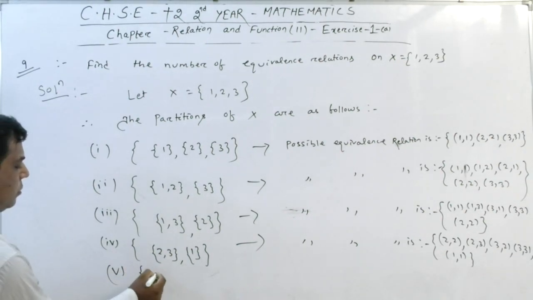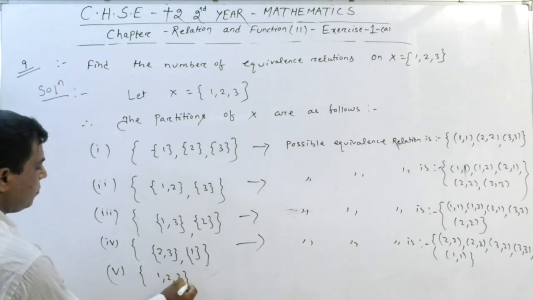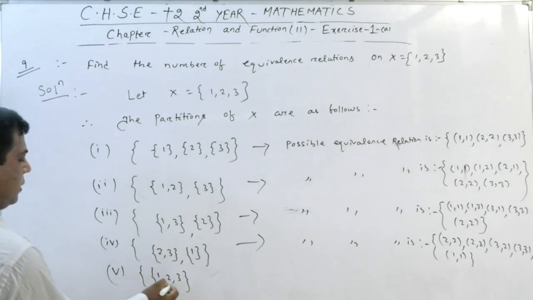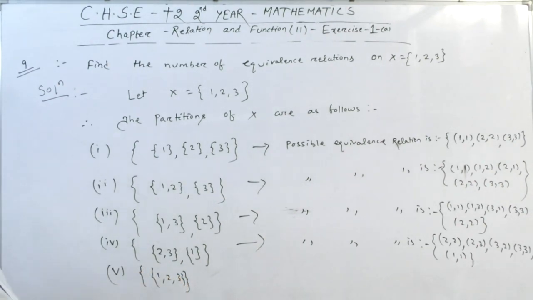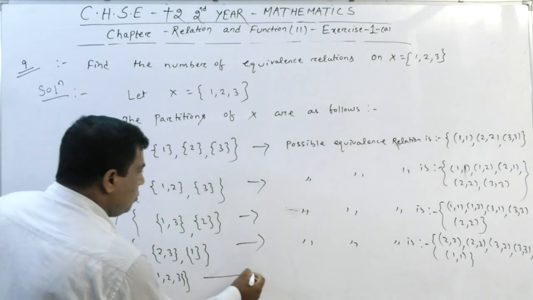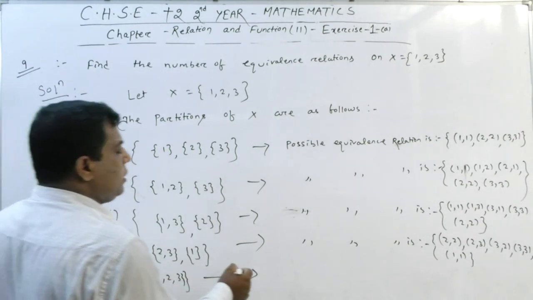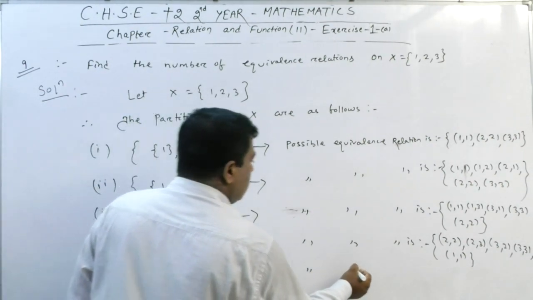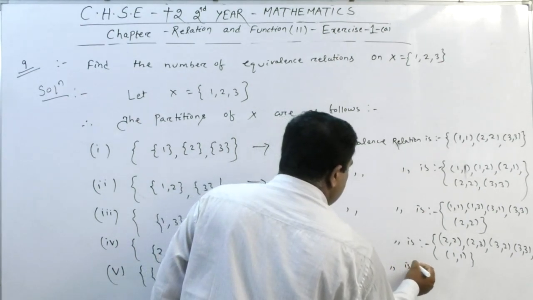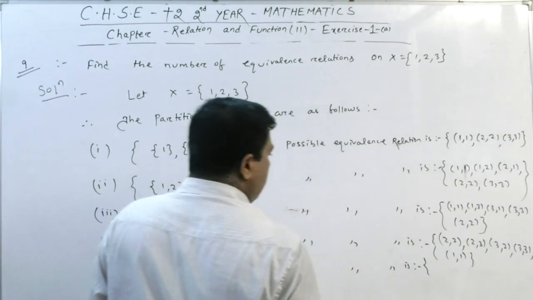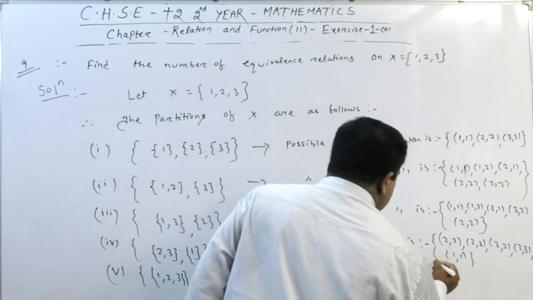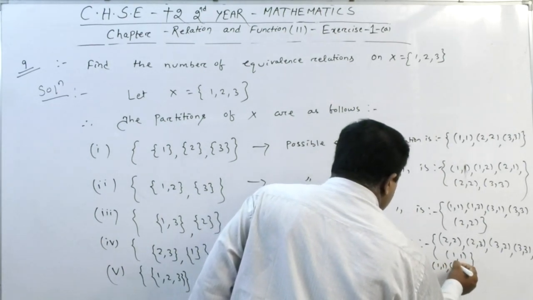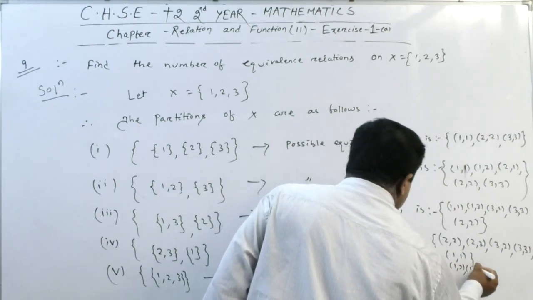As the total set {1, 2, 3}, okay, it will make a partition. So the total set itself. So the possible equivalence relation is, how we can write? You can write it as (1,1), (1,2), (1,3).